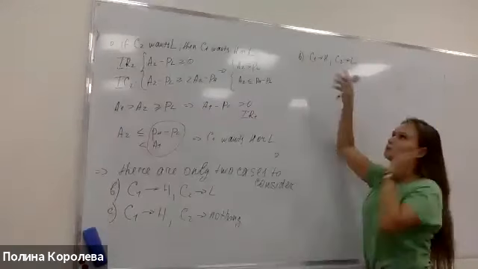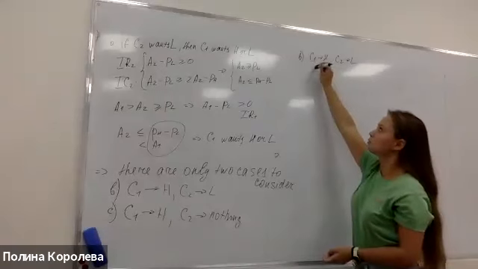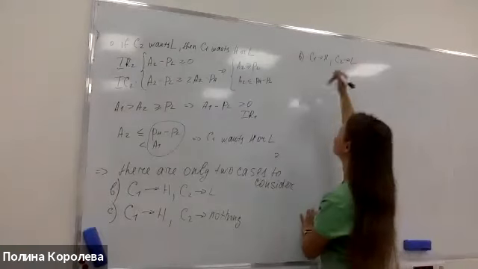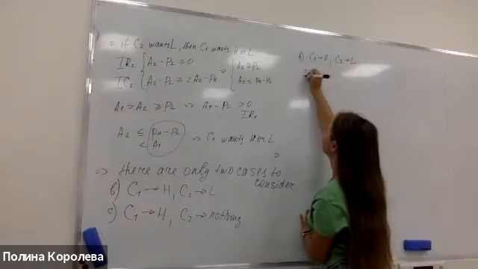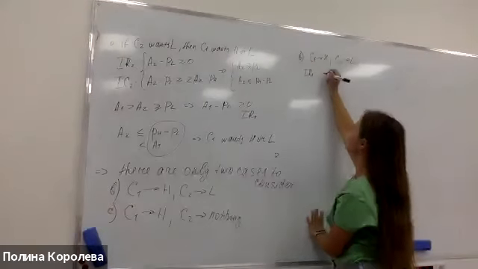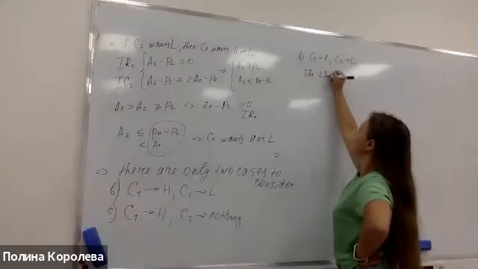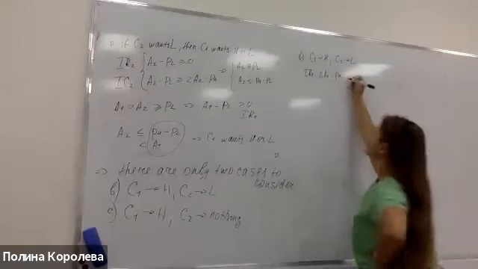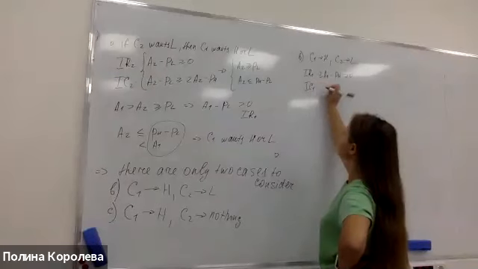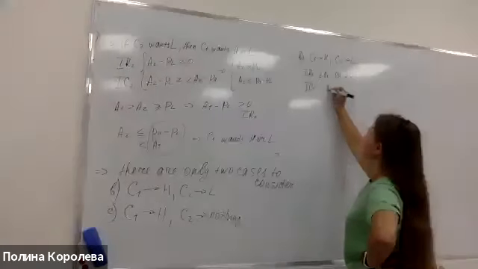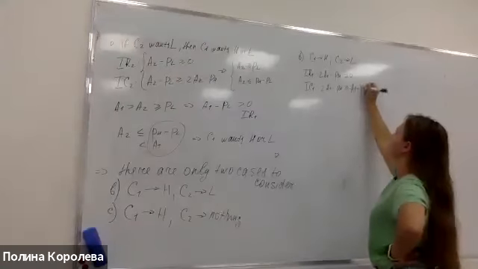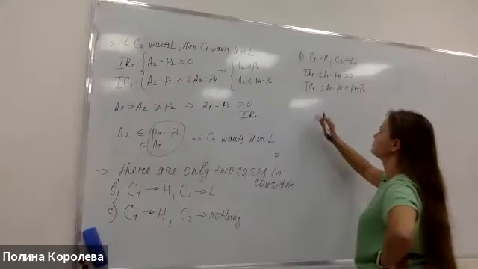Here we need first consumer to want to buy high quality good. IR for the first. We will get 2A1 minus price of the high quality should be greater or equal to 0. Incentives compatibility for the first: 2A1 minus price of high quality greater or equal to A1 minus price of low quality.